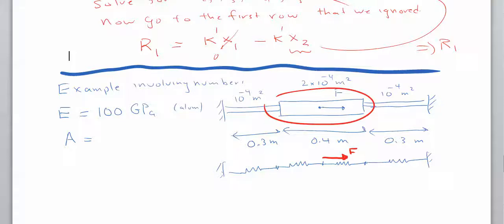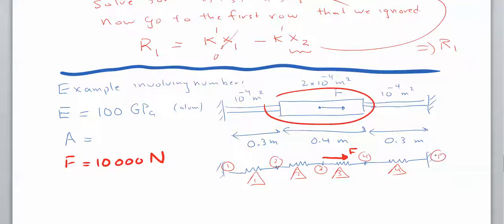Okay. What about the magnitude of the force? The magnitude of the force that's being applied is 10,000 Newton. All right. Let's label these elements. So this is element 1, element 2, element 3, element 4. This is node number 1, node number 2, node number 3, number 4, and number 5. All right.